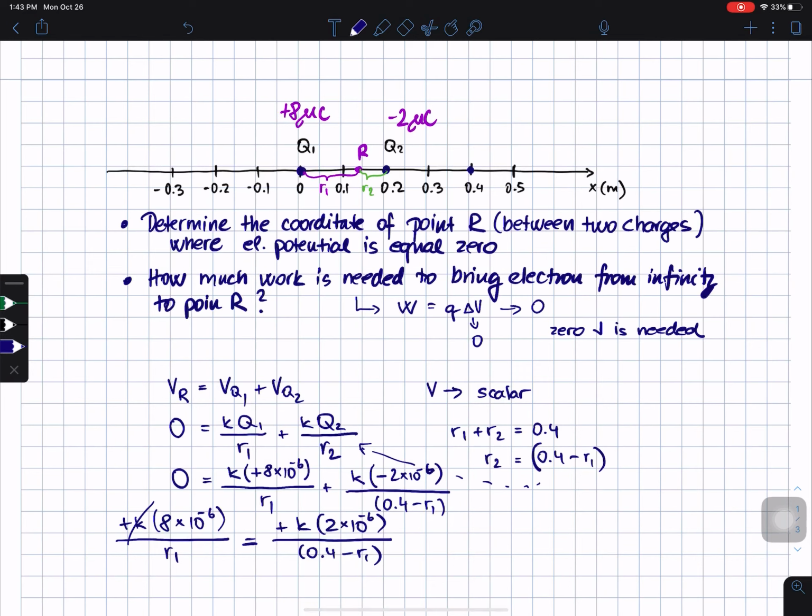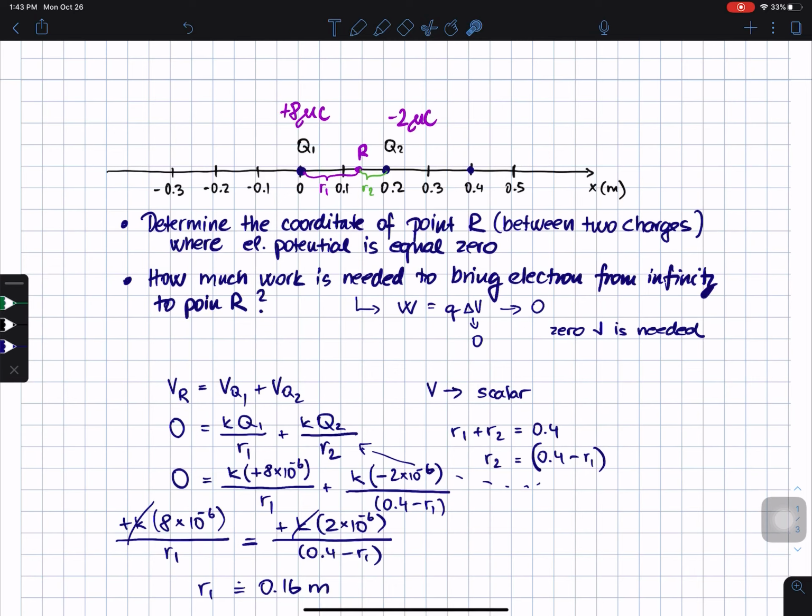So K will cancel out, and if I calculate this properly, R1 is going to equal approximately 0.16 meters away from charge Q1.